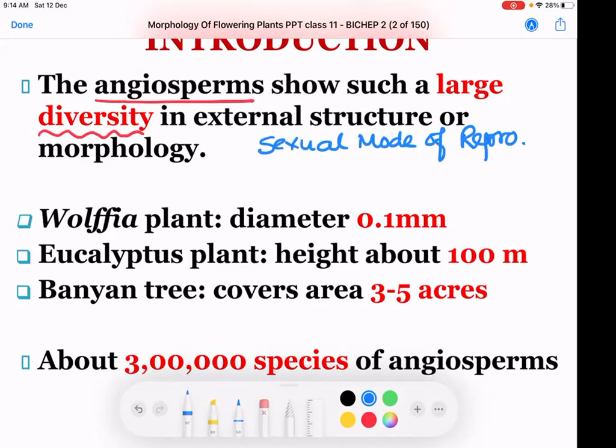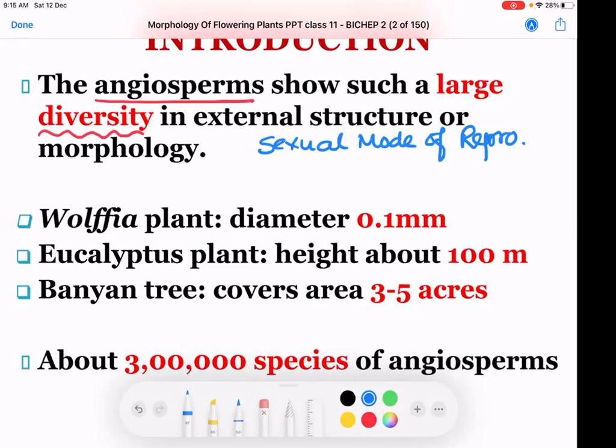Now, the advantage of the sexual mode of reproduction we have gone through in chapter number 10. Meiosis and mitosis processes we have studied, and meiosis produces the gametes by gametogenesis. In the advantage of meiosis we have gone through that it creates variation by means of crossing over.